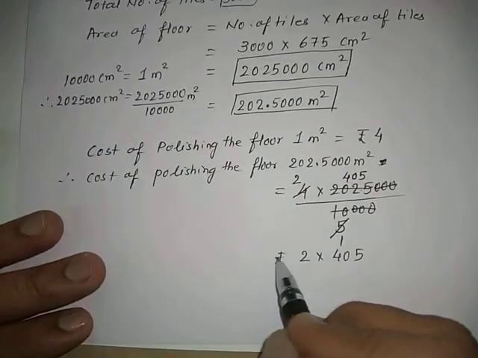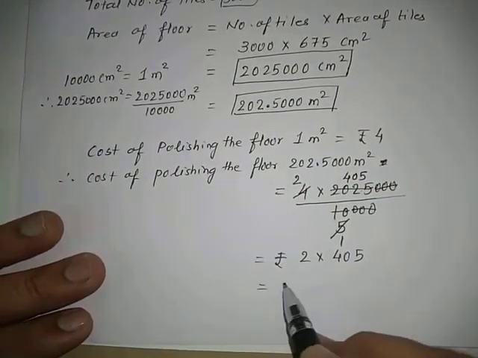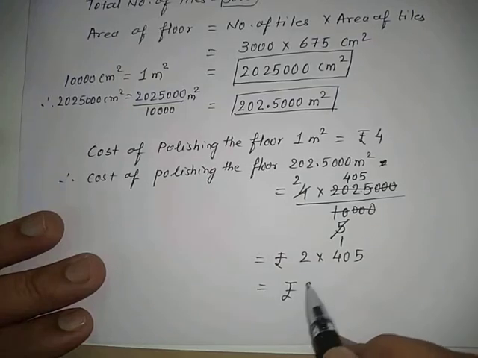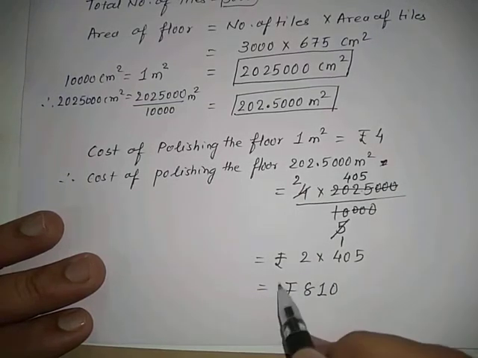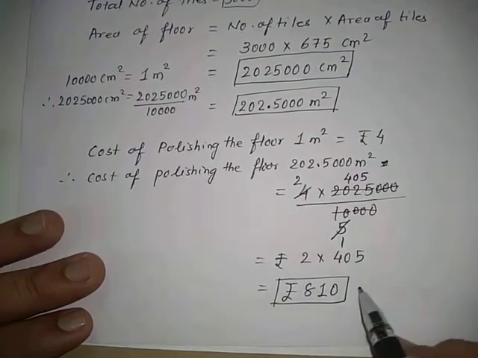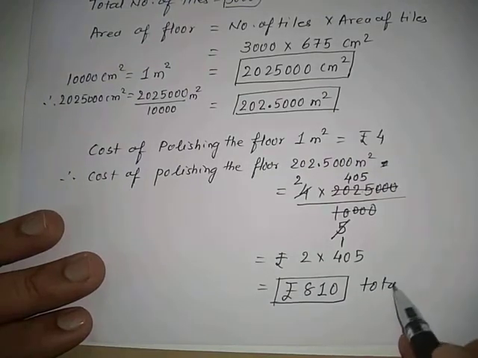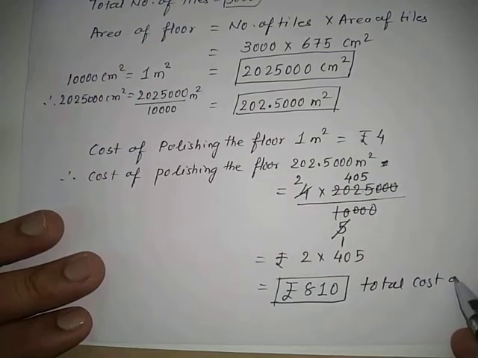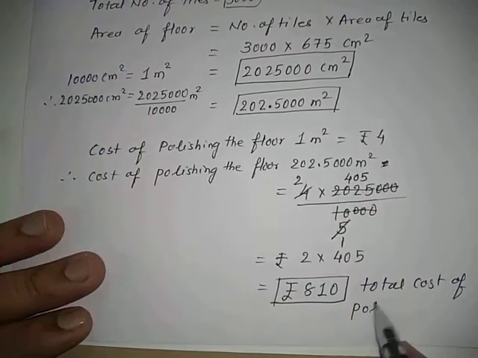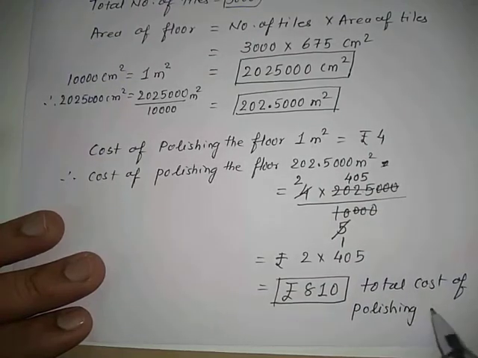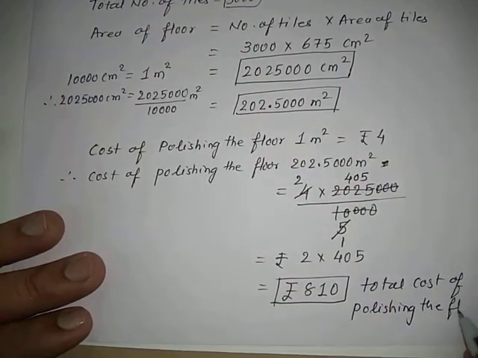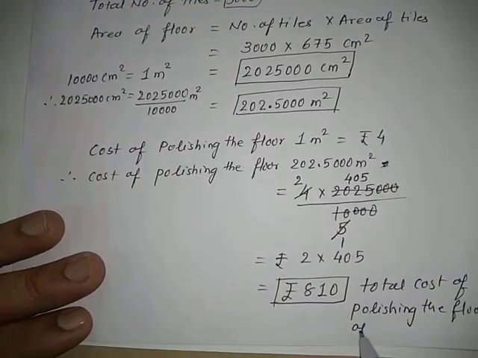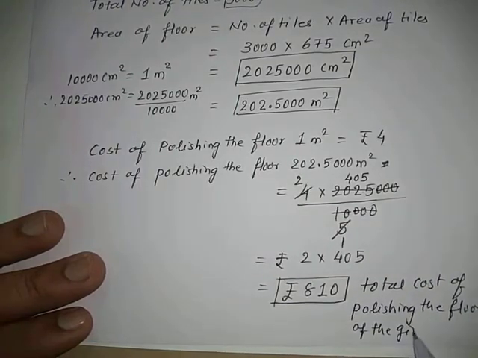Okay, this much rupees it will be. So rupees 810 is the total cost of polishing the floor of the given building.